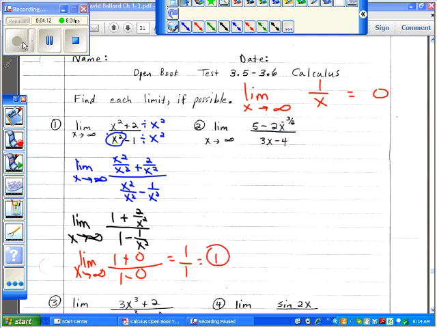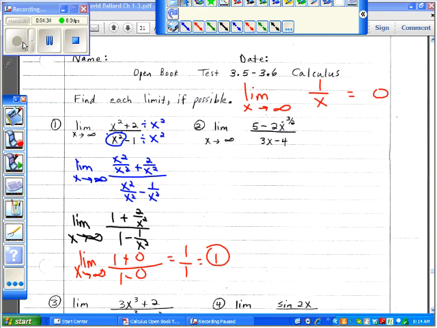So the limit as x approaches infinity of x squared plus 2 over x squared minus 1 is 1. Okay, so there's the algebraic method using the rule that the limit as x approaches infinity of 1 over x is equal to 0.